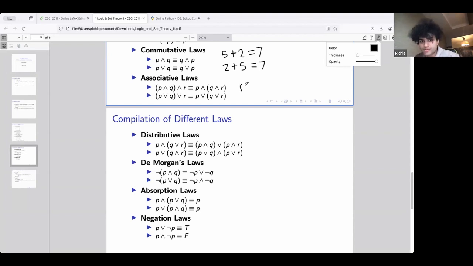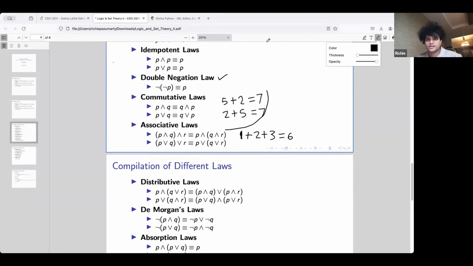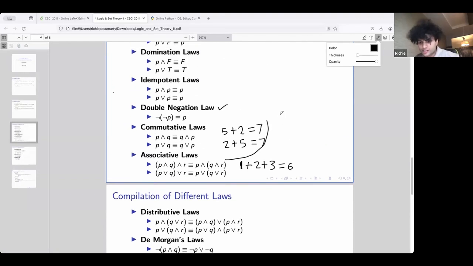So for example, if I'm doing 1 plus 2 plus 3, obviously the answer is 6, right? But I can do this in a few ways. I can do the 1 plus 2 first, and then I can add 3.